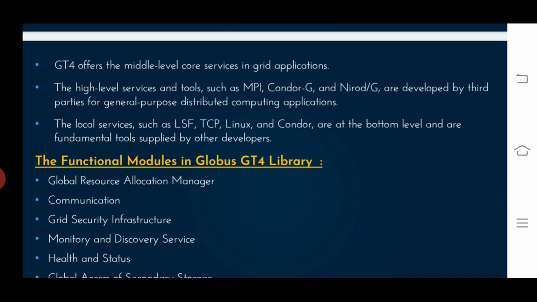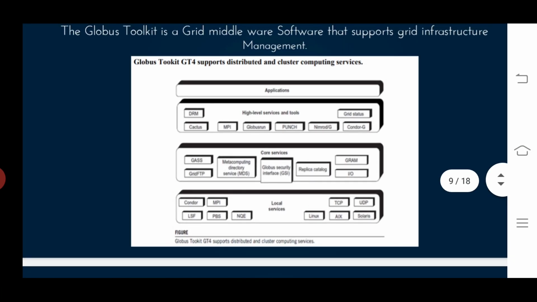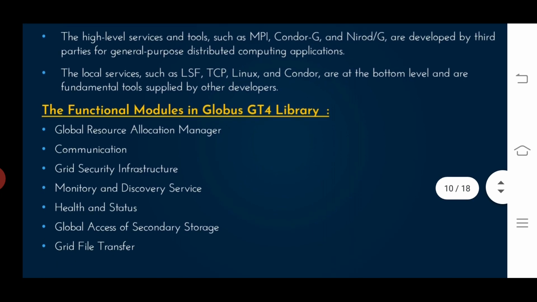We can see the local services such as LSF, TCP, Linux, and Condor are at the bottom level and are fundamental tools supplied by other developers. Previously I explained this in that diagram. That is the concept of this diagram.